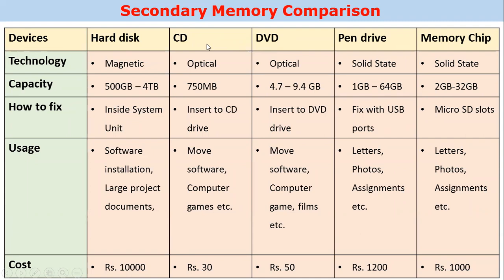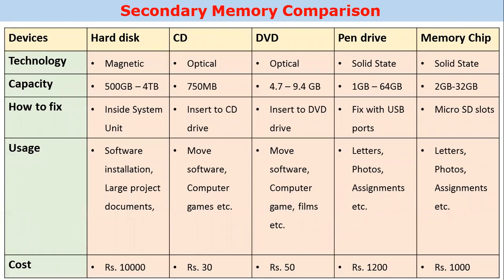These are some examples of secondary memories. We are going to compare them according to some features. You can see these features in this column: technology, capacity, how to fix, usage, and cost.